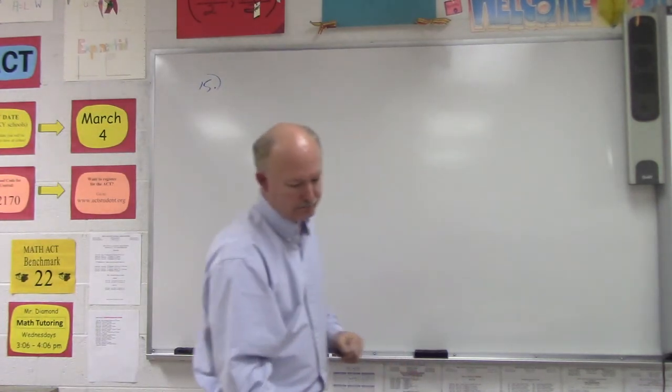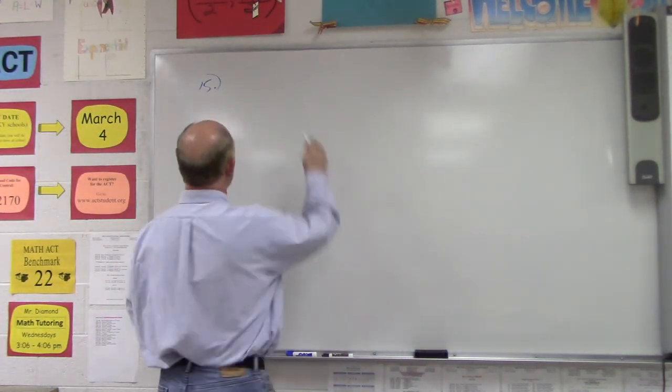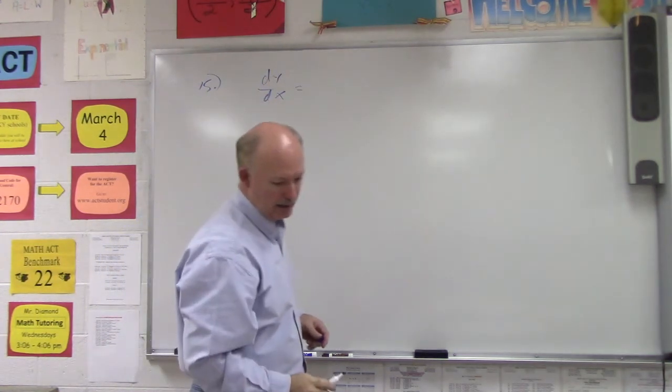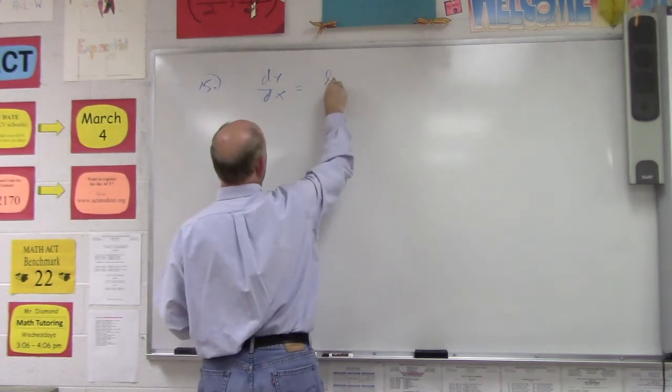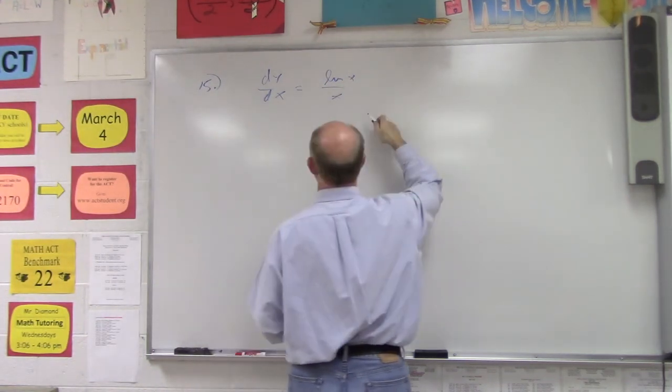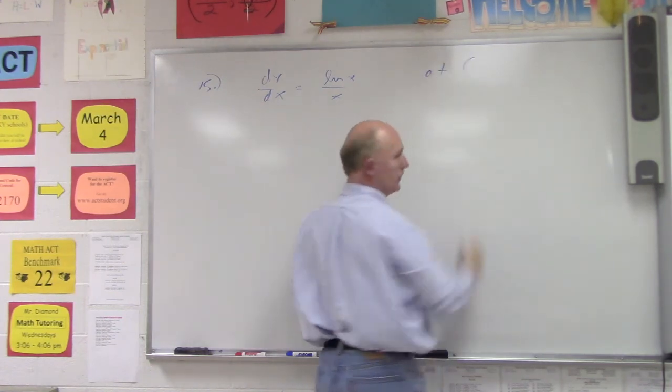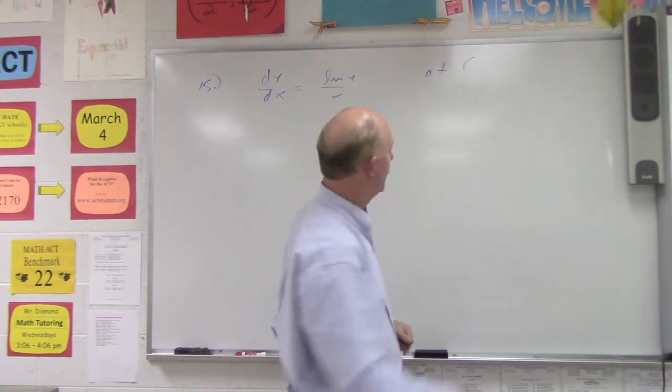With the differential equation, let's take dy over dx equals natural log x over x. We're going to see if we can solve this at the point 1, -2, a point on the original graph.